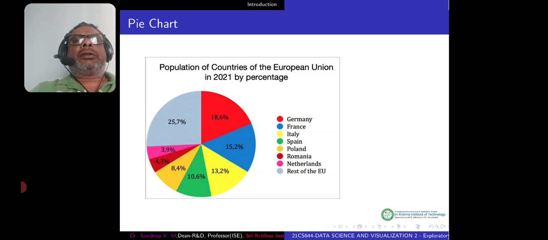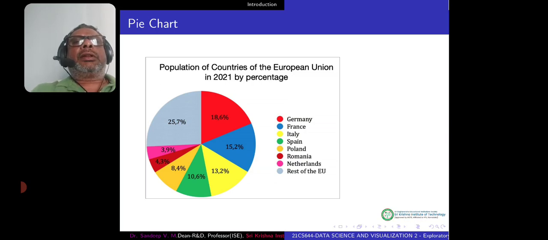So if you put that in terms of numbers, you may not be able to immediately make out, but if you put that in the form of pie chart, we can easily make out and infer something like the gray one, that is rest of European Union, is making up almost a quarter of that.